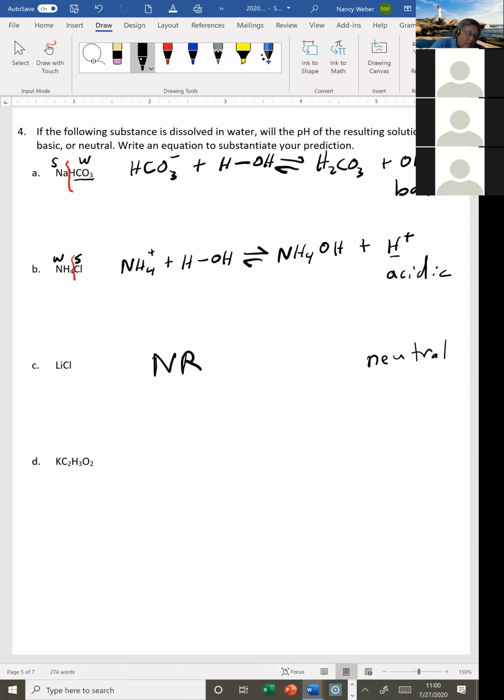Okay, what about potassium acetate? See if you can figure out if there's a hydrolysis. Write the equation and tell me if it's basic or acidic. You only have to tell me on the thing if it's basic or acidic or neutral.